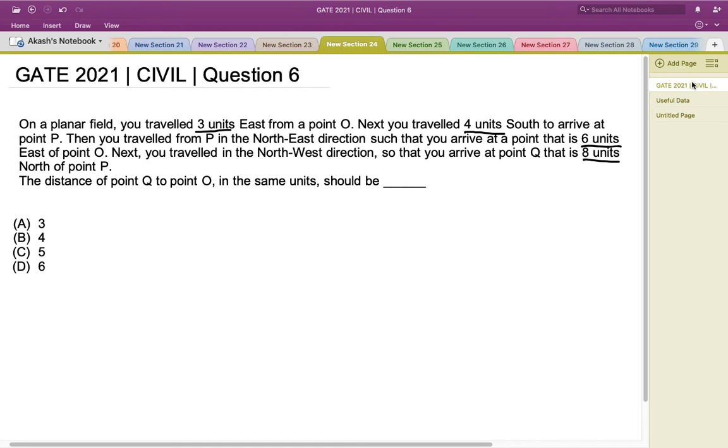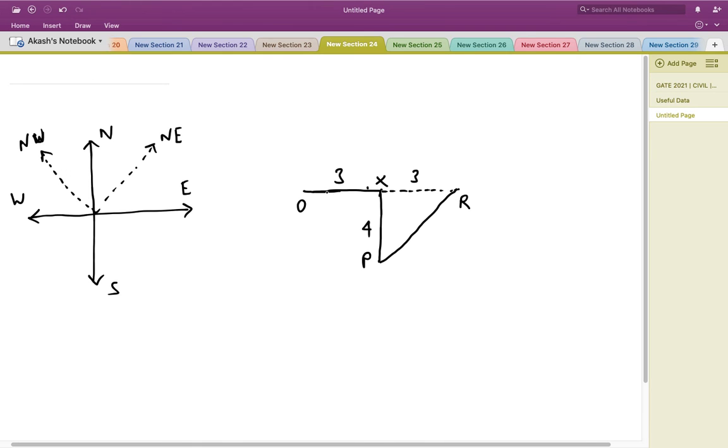Now the next data that is given to us is that we have traveled in the northwest direction so that we arrive at point Q that is 8 units north of P. That is, we have traveled in the northwest direction, which is this direction, and we have reached a point Q that is 8 units from point P. So the distance between point P and point Q is 8 units.